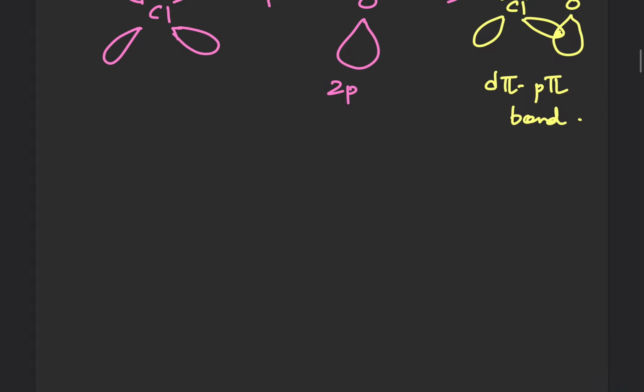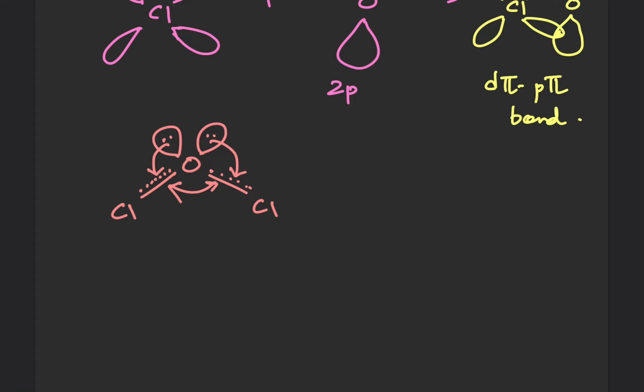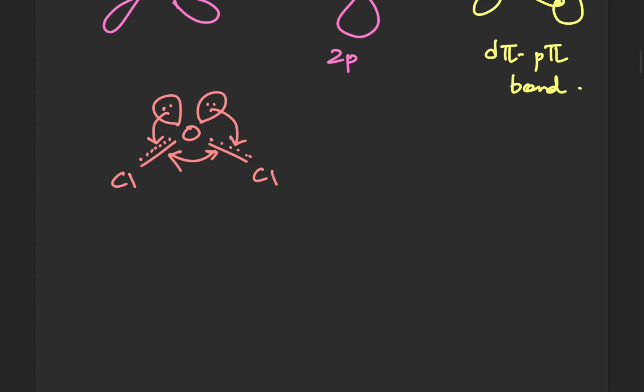I can draw that: oxygen with lone pairs, chlorine, chlorine. These are shared with the empty d orbitals of chlorine, resulting in an increase in electron density and more repulsions. So this is the second reason.